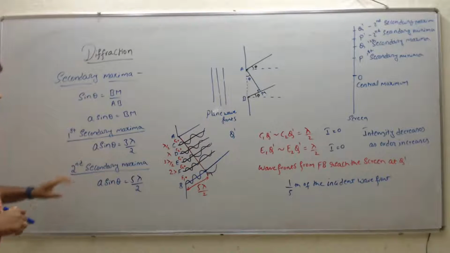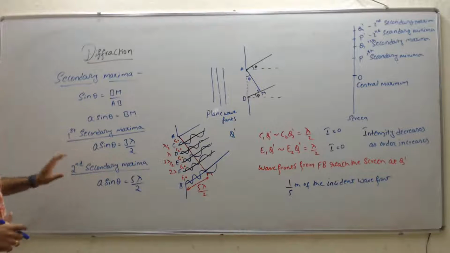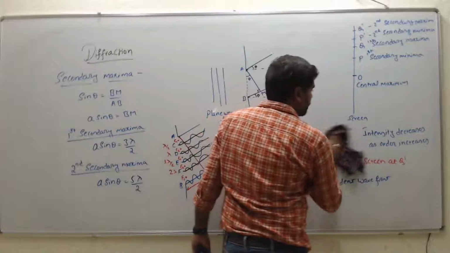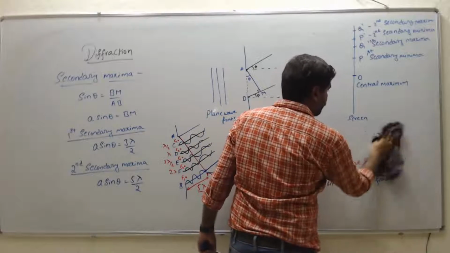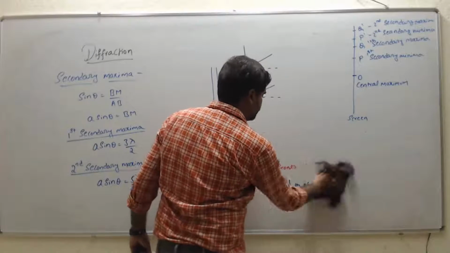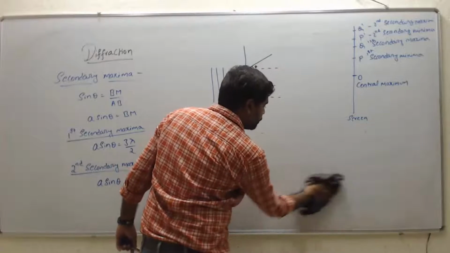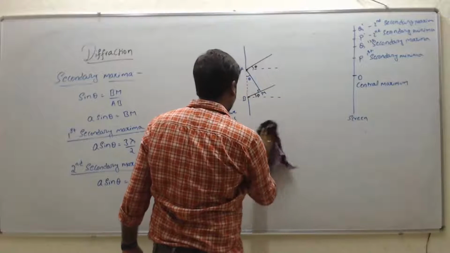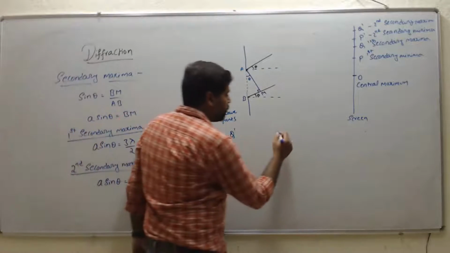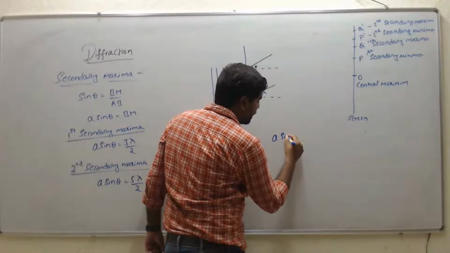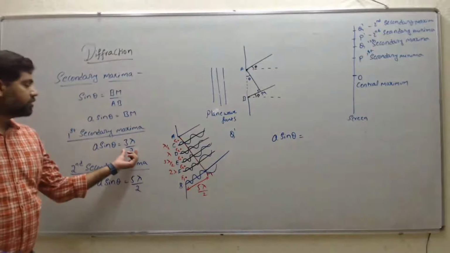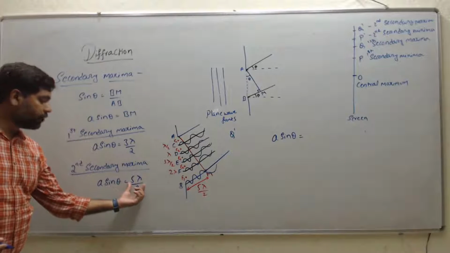So, if we write the general form of the secondary maximum, for secondary maxima, in general form, we can write a sin theta equals, if you observe, 3 by 2 lambda, then 5 by 2 lambda.